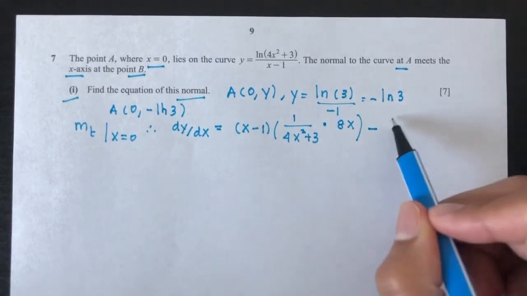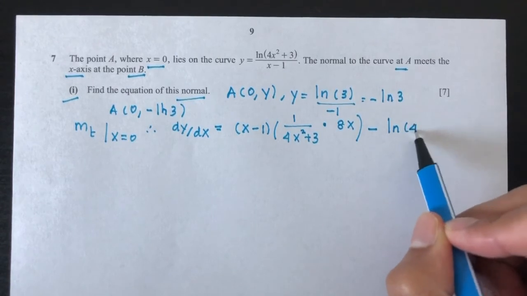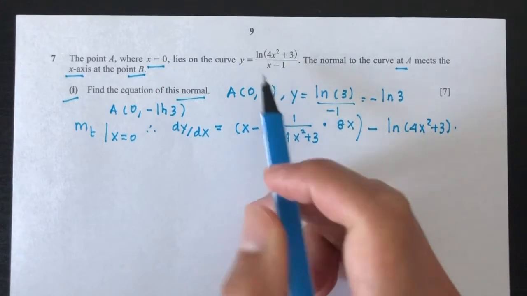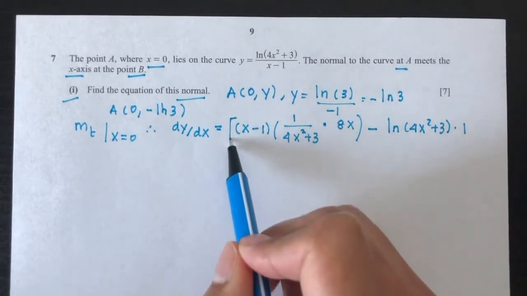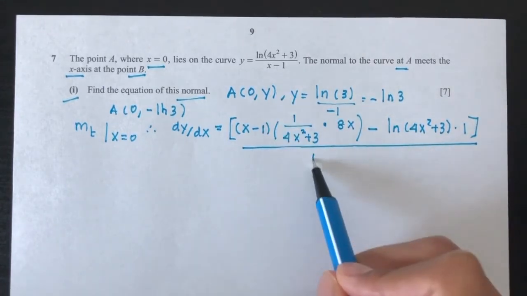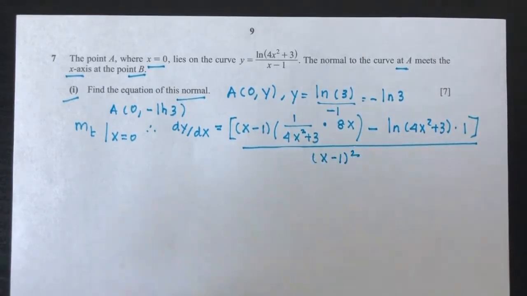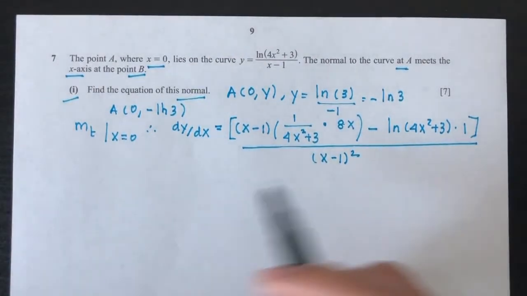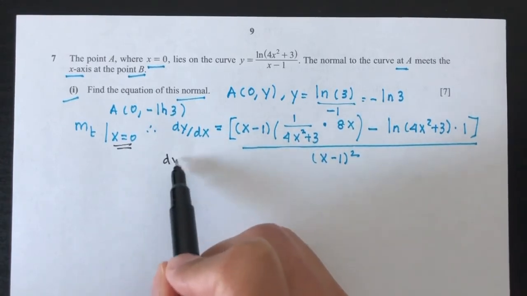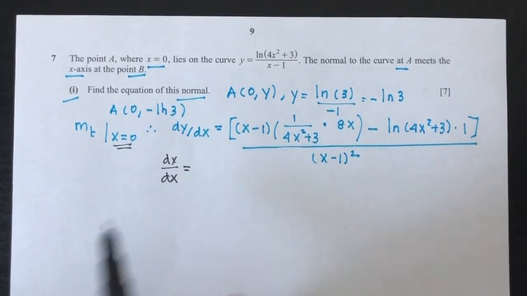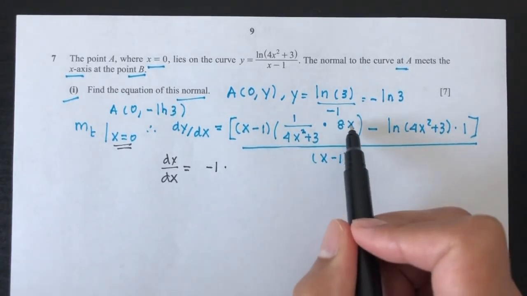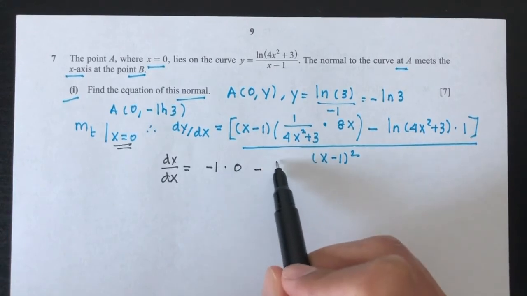Now minus, we leave the top one by itself now, multiply by differentiation of the bottom one, that will give you 1, and everything divided by the base squared. The base was x minus 1 squared. So we can just replace the value of x equal to 0 to find the value of dy by dx. So let's do that. Dy by dx is equal to what? That will be minus 1 times 1 over 3 times 0, minus ln 3.